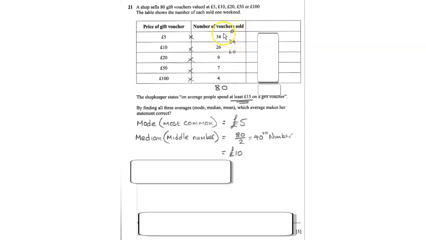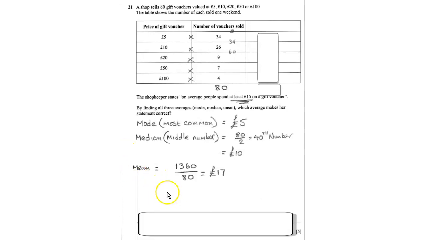So we start at 0 there, add 34, which is 34, so the numbers in here are between 0 and 34. And then we do 34 plus 26, which is 60. So we can see here that the 40th number is somewhere in between here. So you'll see that £10 is the median for this one.